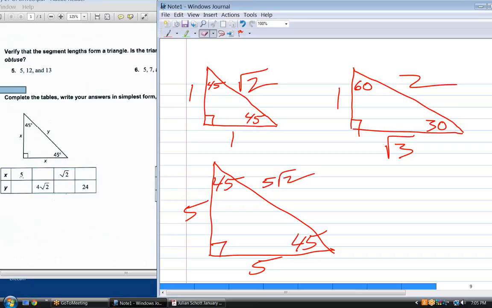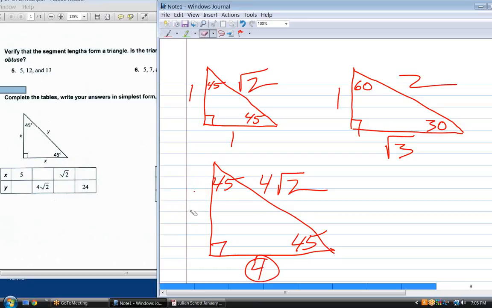So that completes that part of the table, but if I change it and make, okay, now to complete this column, they're saying the hypotenuse is 4 root 2. Now, what would that make that side and that side? 4 and 4. Yep. So that goes there, 4.